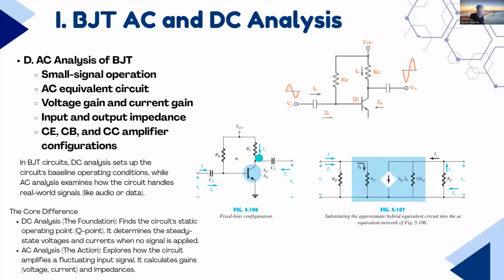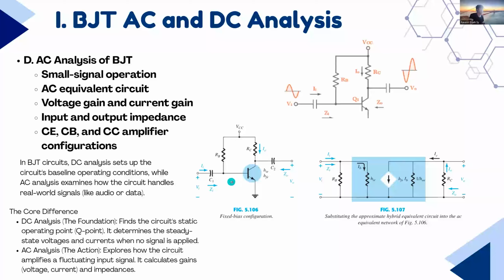Then this is the input here. Such as the re or hybrid model, in this state, all DC voltages are replaced with a ground, and all coupling and bypass capacitors are treated as short circuits.